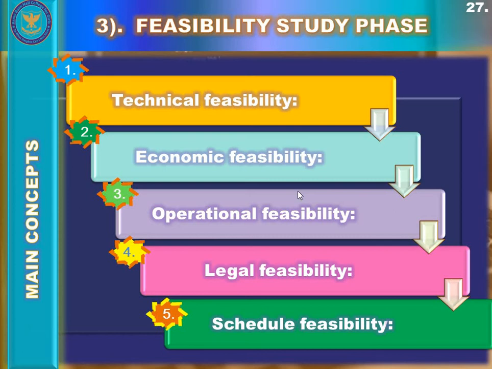So this assessment investigates whether any aspect of the proposed project conflicts with legal requirements like zoning laws, data protection laws or acts, or social media laws. Let's say an organization wants to construct a new office building in a specific location. A feasibility study might reveal that that location is not ideal for the organization's building construction or new office.